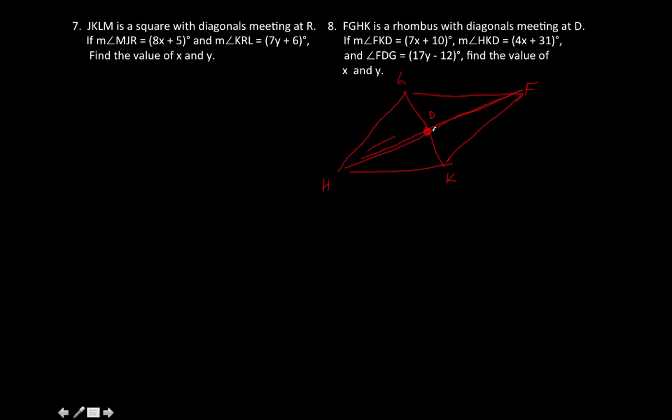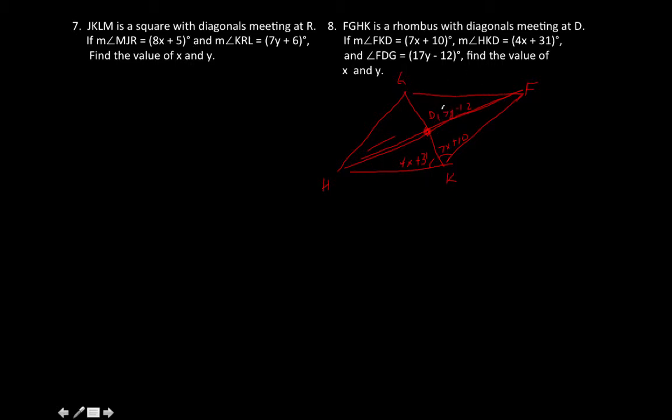So F, K, D is 7x plus 10, and H, K, D is 4x plus 31, and then F, D, G is 17y minus 12.